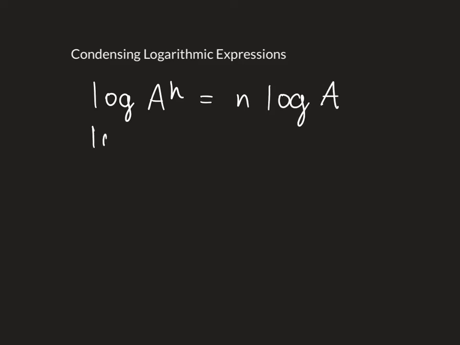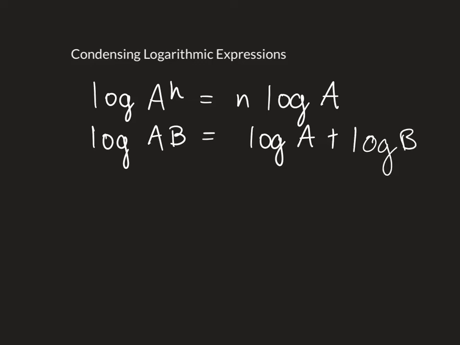The log of a b is going to give me log of a plus log of b. And finally, log of a divided by b is going to give me log of a minus log of b.